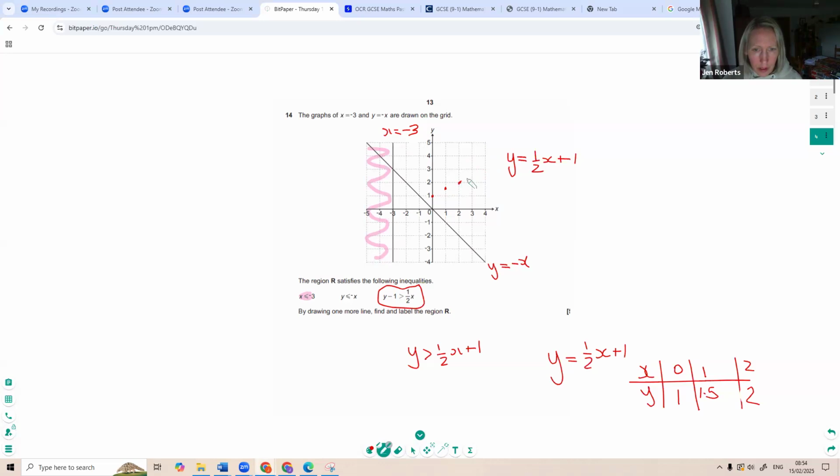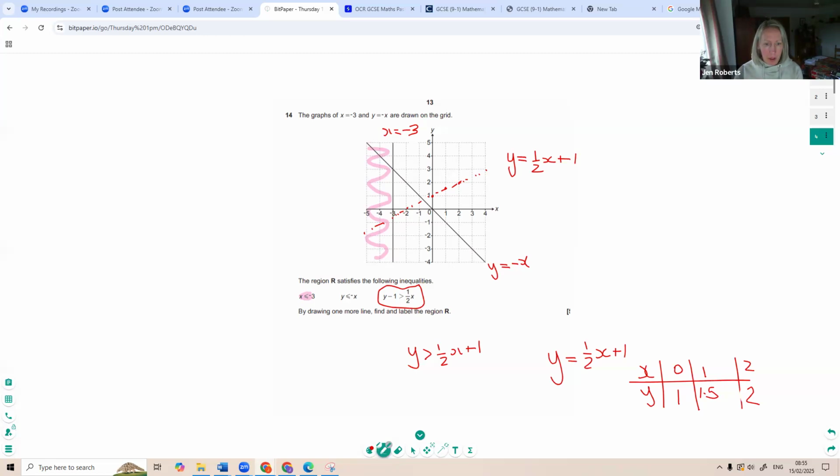It's going to be something like this. You should be able to do it easier with pen and paper. So make sure that's a broken up line. It's because it's just greater than and not greater than or equal to.